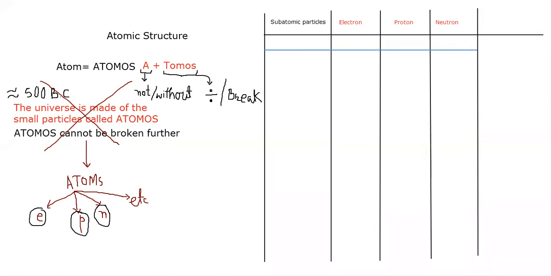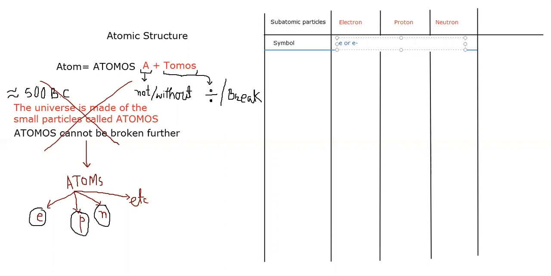So now the first thing: their symbols. In chemistry we have specific symbols. What are the symbols of electron, proton and neutron? Now I'm going to mention the symbols. The symbol of electron is e, or you may also use e with a negative sign.